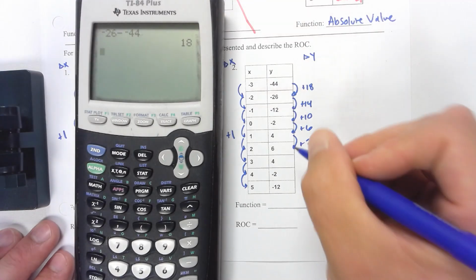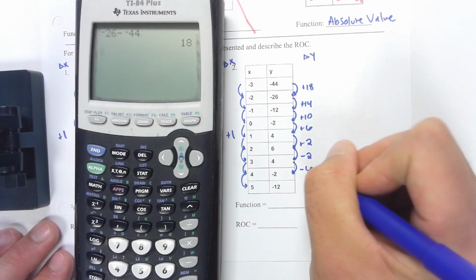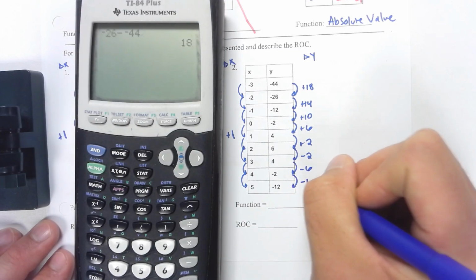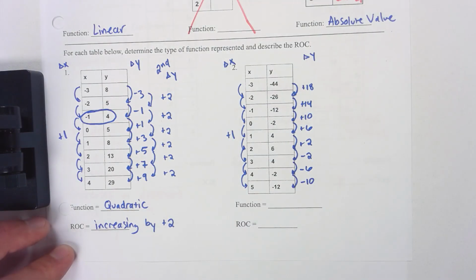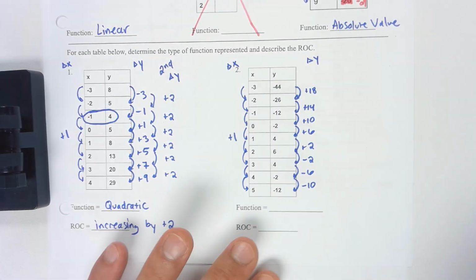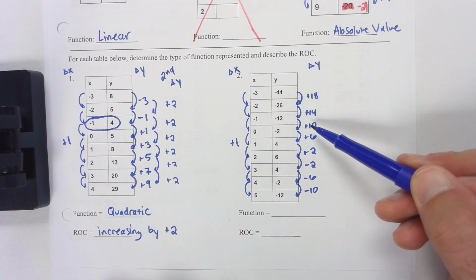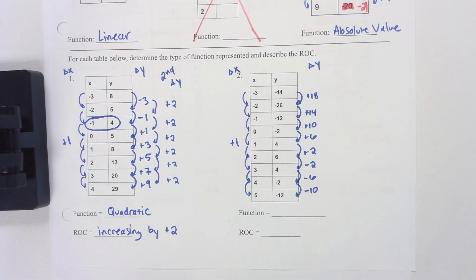But then we switch, and now we're going to minus 2, and then minus 6, and then minus 10. So again, notice how I'm writing the arrow for what I'm doing as I work my way down through the table. And I'm being very intentional with whether I'm adding or subtracting.